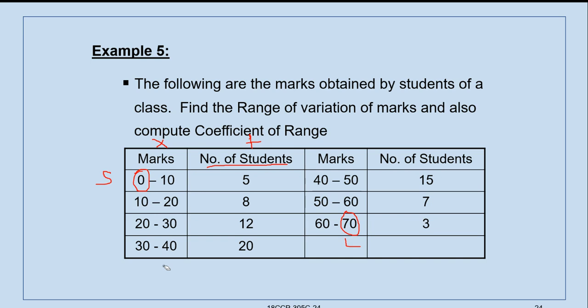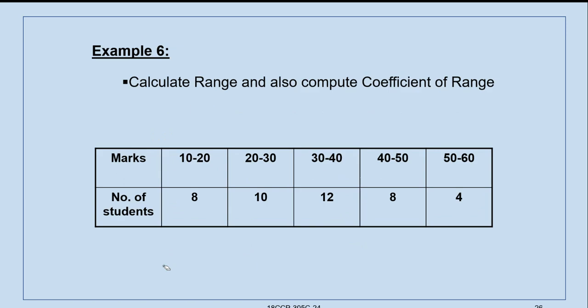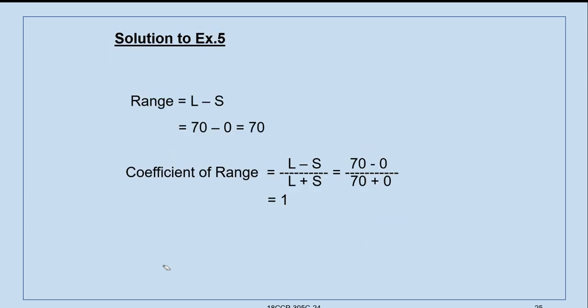Right? So now we will see the calculation. Range is equal to L minus S, we know. And coefficient of range is L minus S by L plus S. That is 70 minus 0 by 70 plus 0. Coefficient of range, that is 1. Range is equal to 70. So this is the method of calculation of range and coefficient of range.